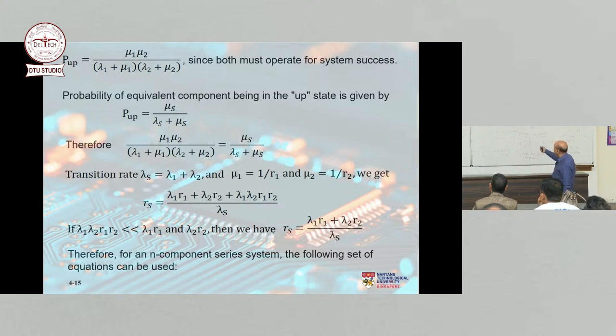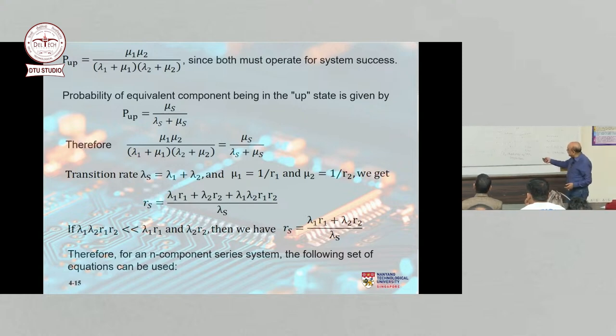So if I manipulate this equation, I expand this, then this is what I will get for Rs, the average outage time of the equivalent component, the average repair time of the equivalent component. Now normally you can appreciate that lambda 1 is small, lambda 1 times lambda 2 is even smaller.